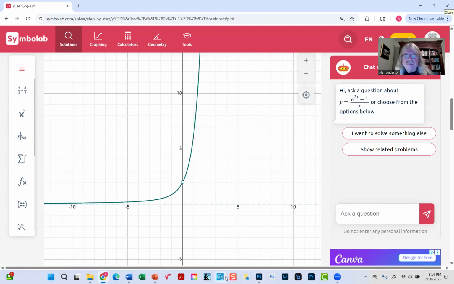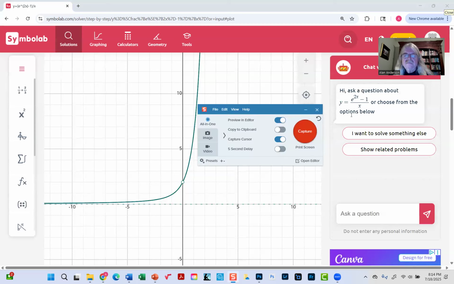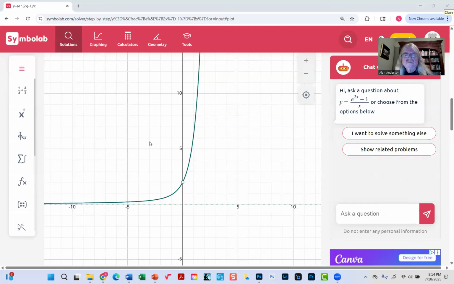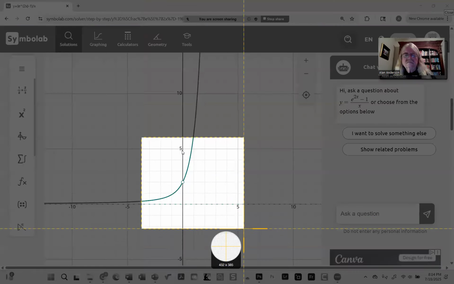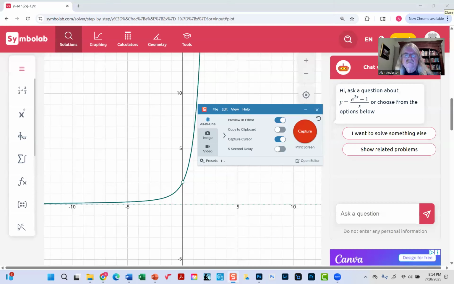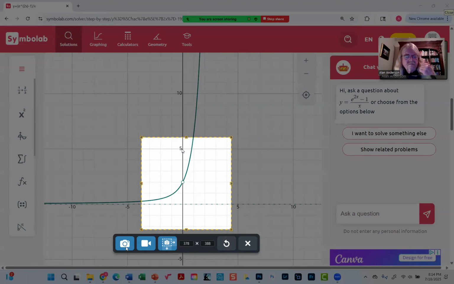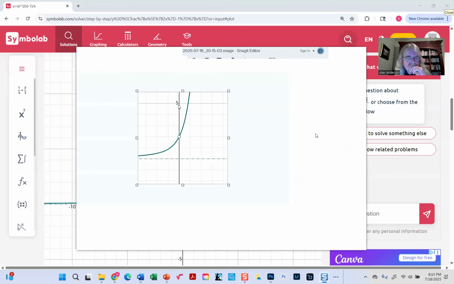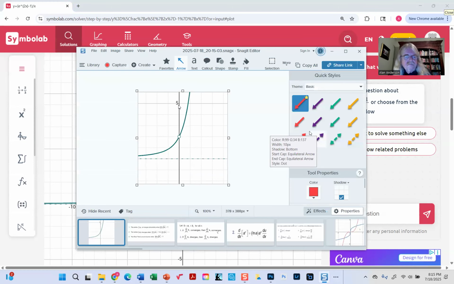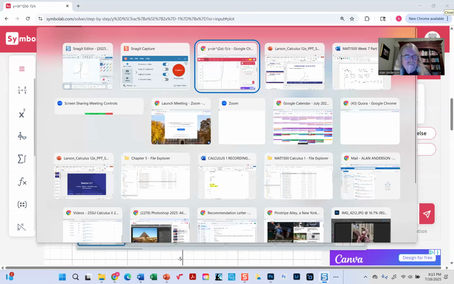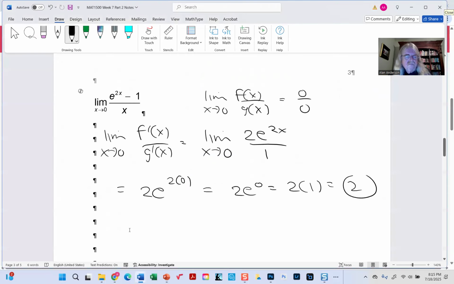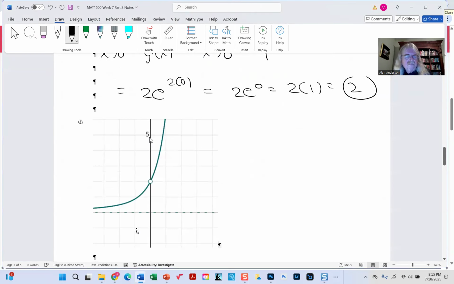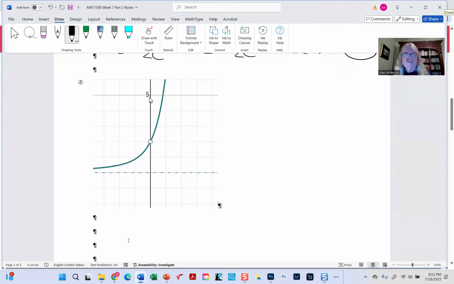In fact, it makes so much sense, I'm going to grab this graph and show it in the notes. Okay, so that's what this is all about.